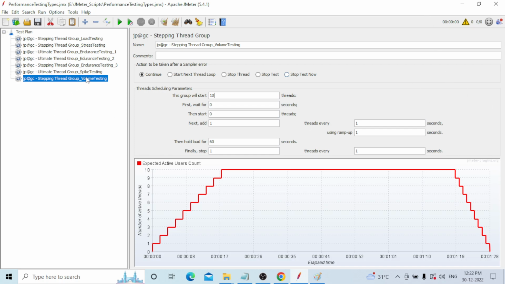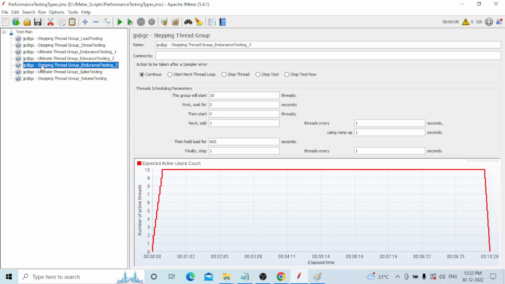Once you complete volume testing, move to endurance testing. I designed endurance testing one way, using the stepping thread group. This is the third one, and the remaining ones are also available, I will show you.